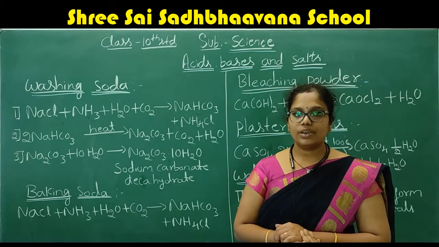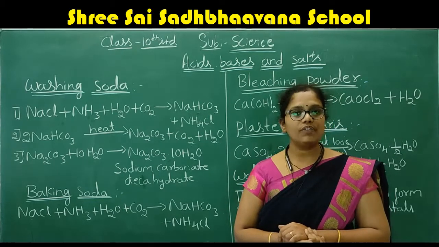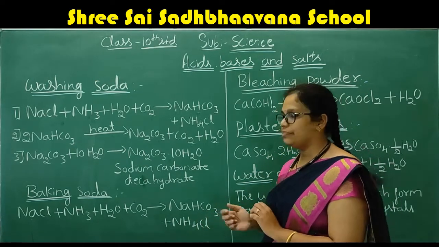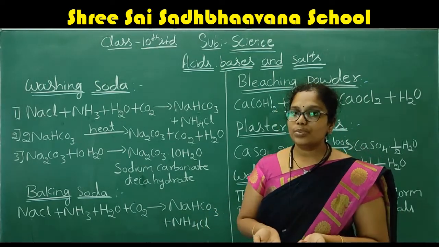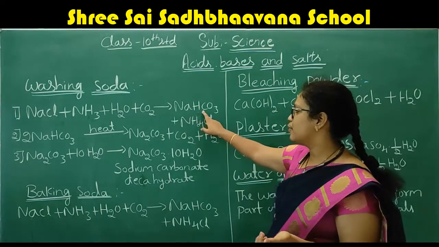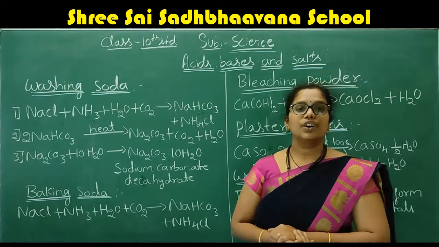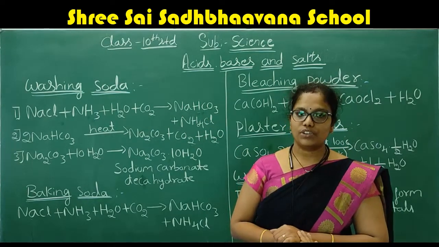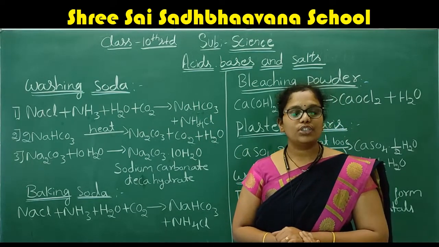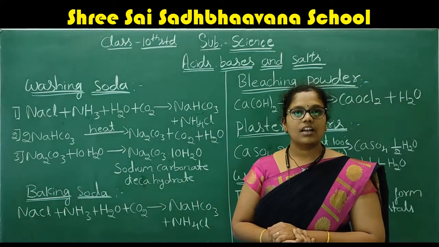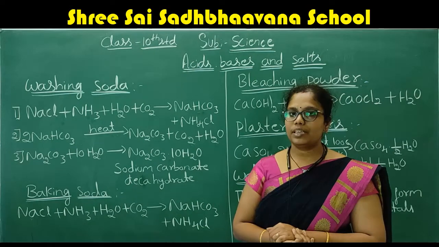What is the formula of the baking soda? The formula of the baking soda is NaHCO3. How are we going to prepare it? With the help of the first step of the manufacture of the washing soda, we prepare the baking soda.